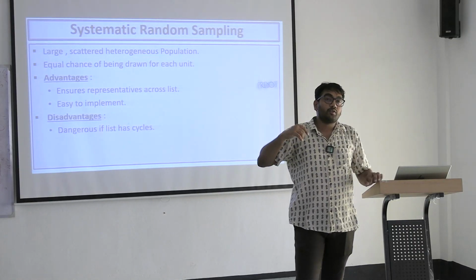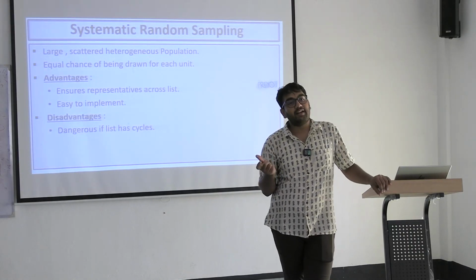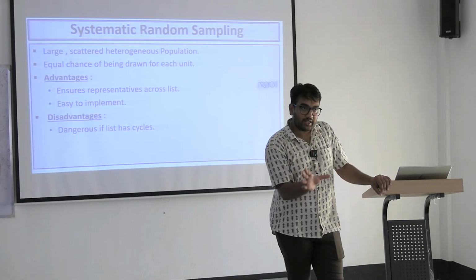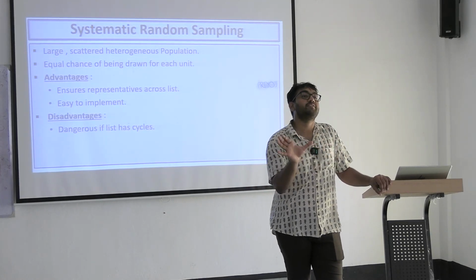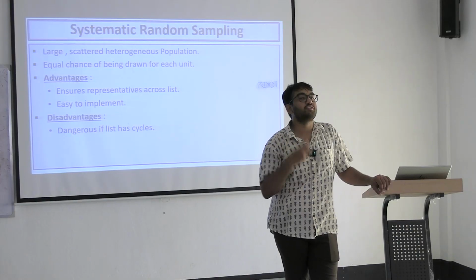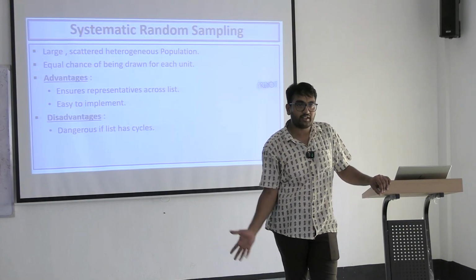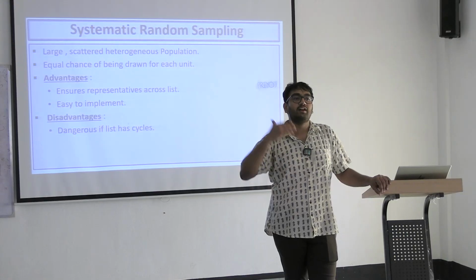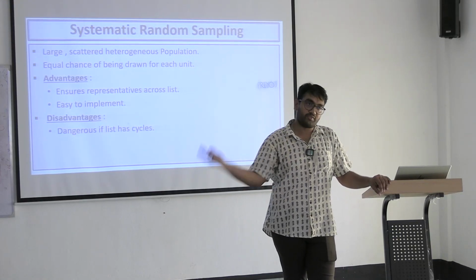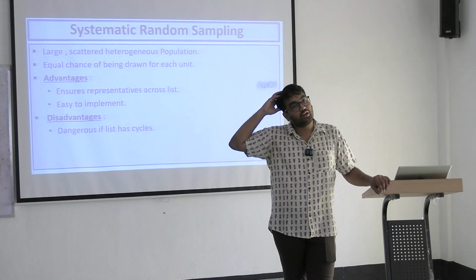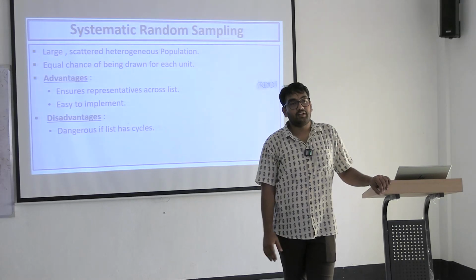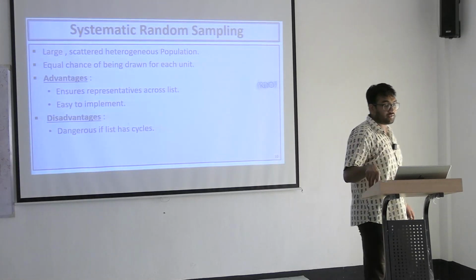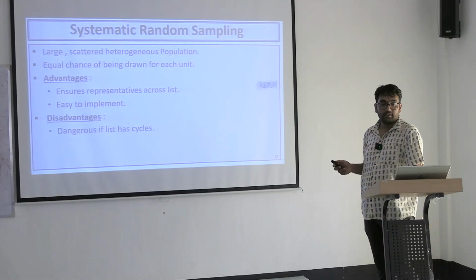So the beauty of randomness in systematic random sampling is in selecting the sampling interval and then selecting a random start. If my random start came as 25 and not 17, then I would select the 25th, then the 65th, then the 105th, then the 145th, and like that I would go on till my sample is satisfied. So this is about systematic random sampling.